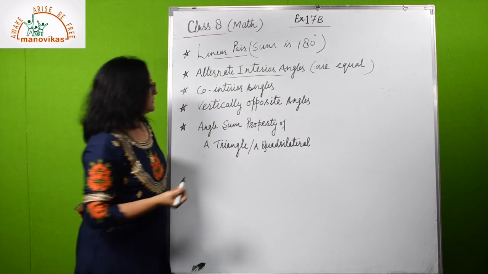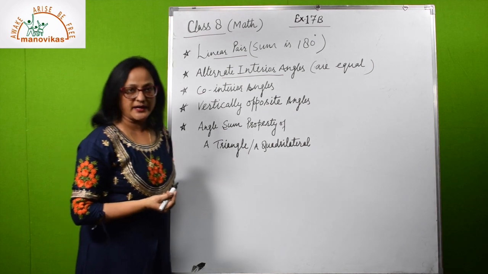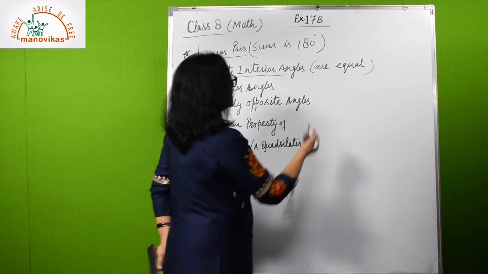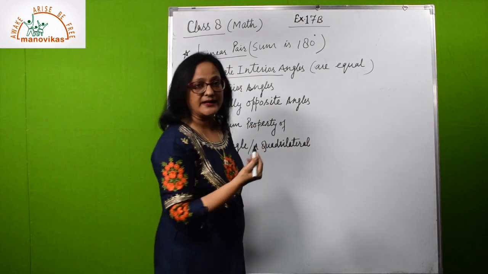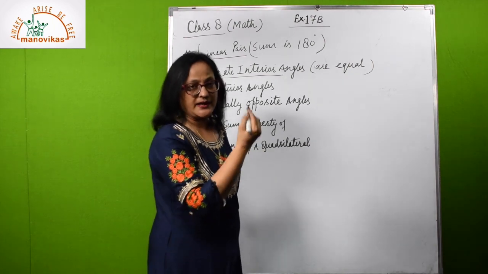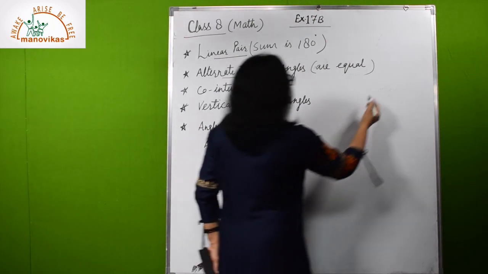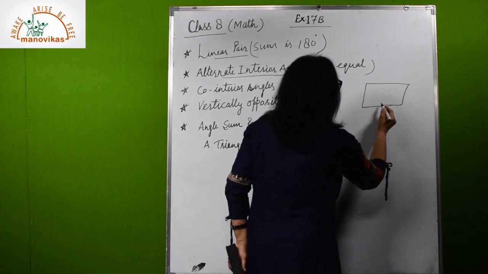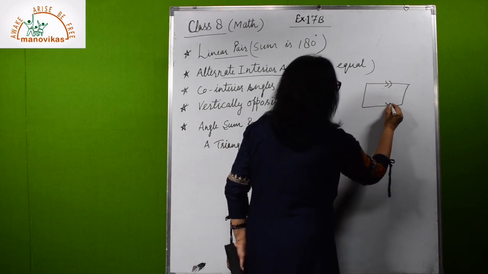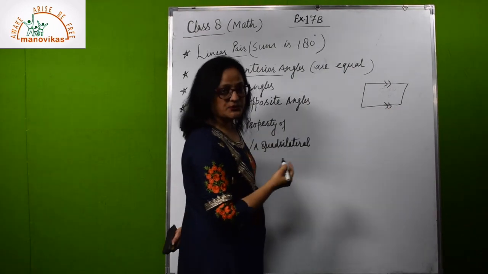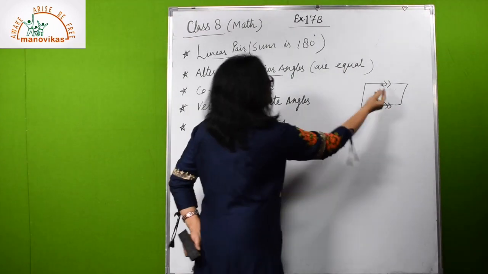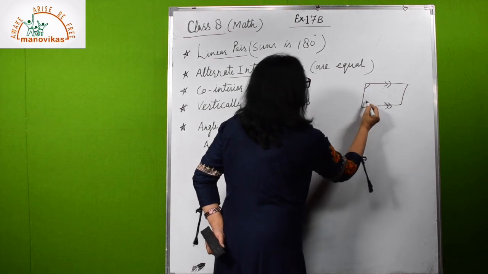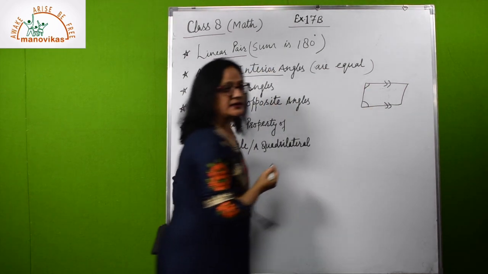The third point is co-interior angle. You will check in the given parallelogram if the angles that is given and that is to find, they are co-interior angle. For example, co-interior angles like these are two parallel lines. In parallelogram, opposite sides are parallel. These are two parallel sides. So these angles are co-interior angles.